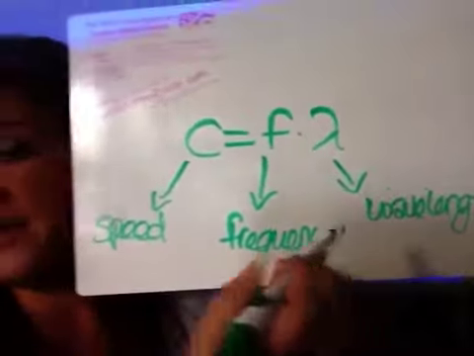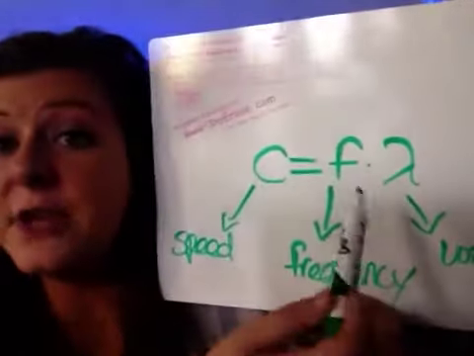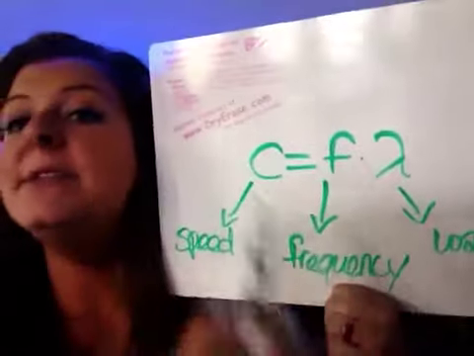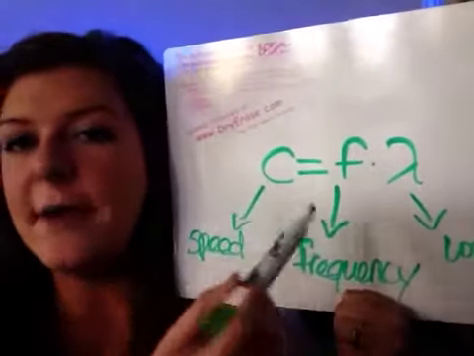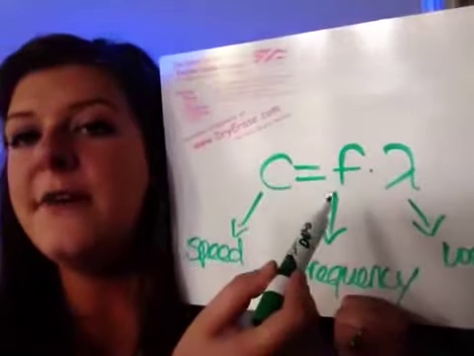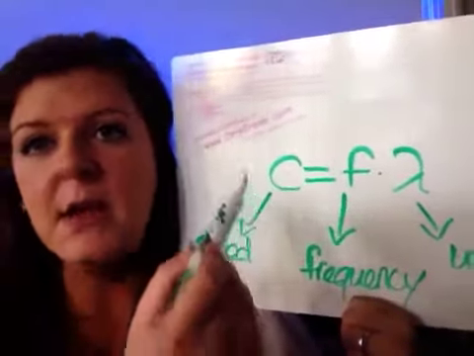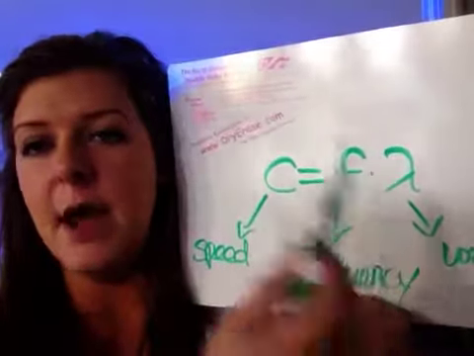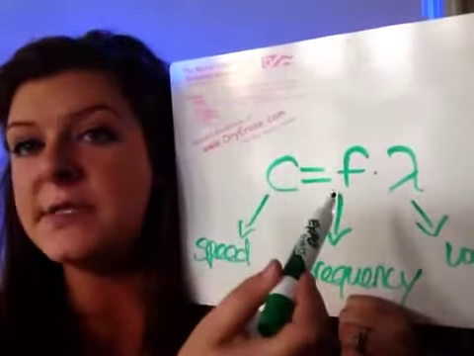If I want to find wavelength, frequency, or speed, I'm going to use this equation here: C equals F times lambda, or speed equals frequency times wavelength, okay?